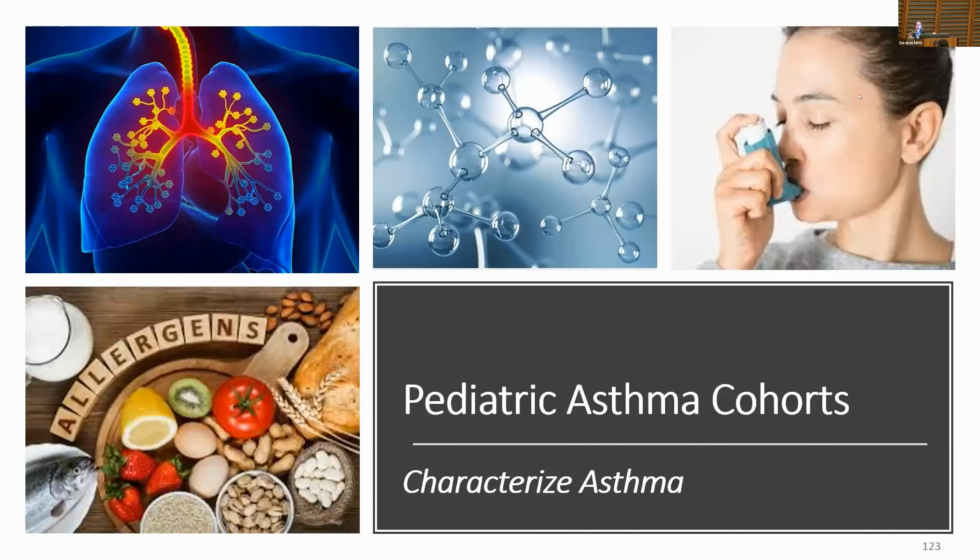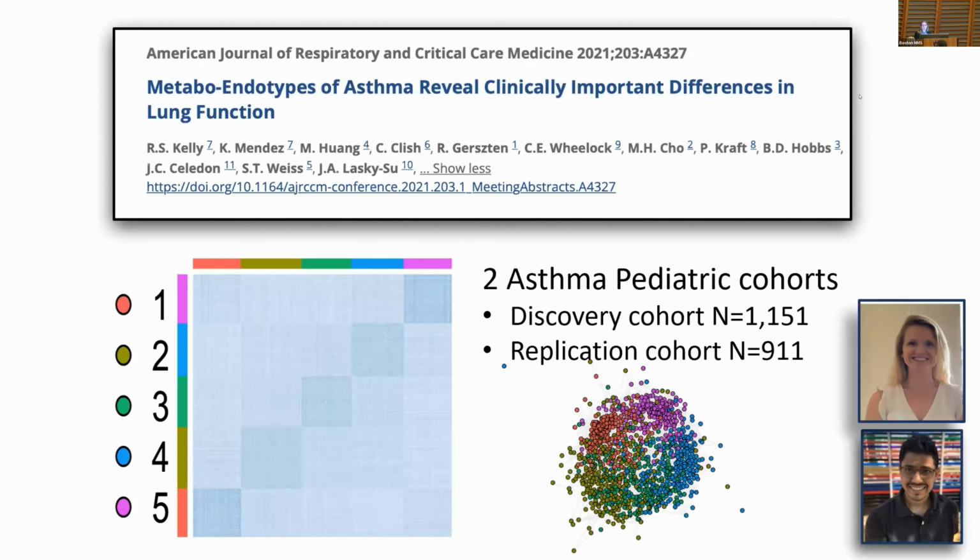Another type of design are disease cohorts that can characterize a disease. There are many different examples of how this is done. One thing that's been highlighted today, and I think is one of the key ways of doing this, particularly for heterogeneous diseases, is using the omic data to inform various subtypes. This is some work done by Rachel and Kevin in this room, where they used metabolomics to identify endotypes.